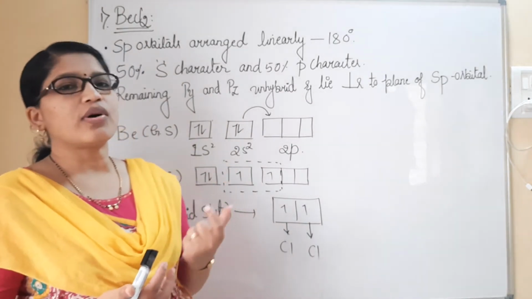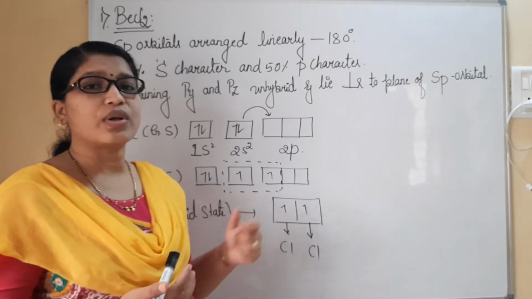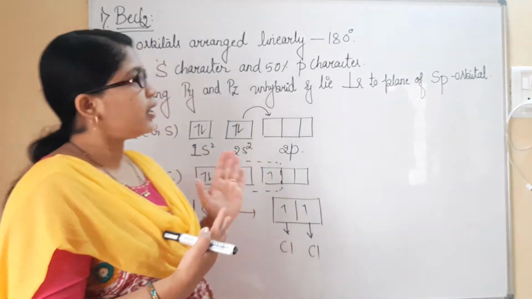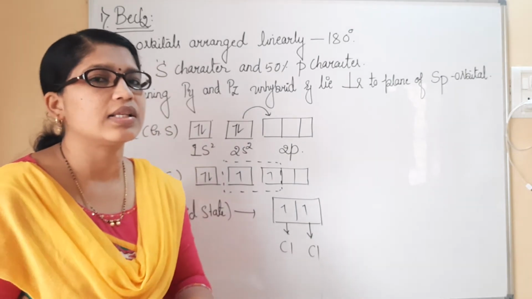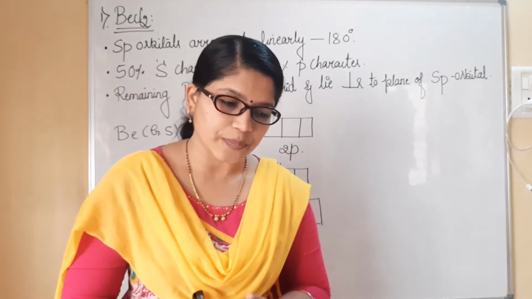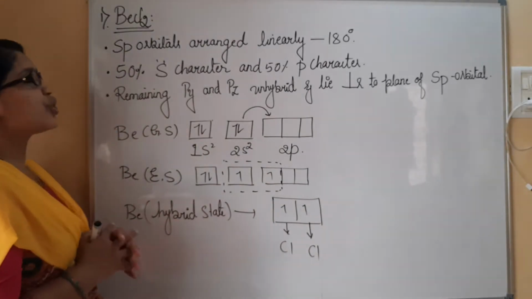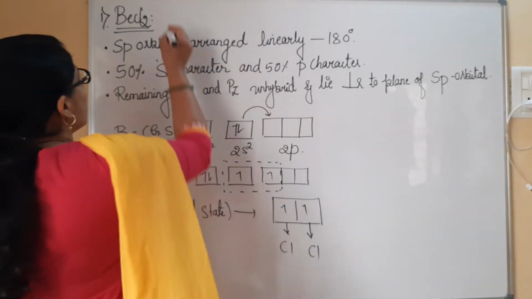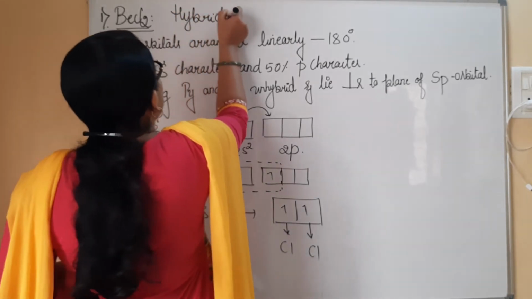Because in this also we will take BeCl2 and we can understand how hybridization takes place. It is a simple molecule. If we understand with the help of this one, the other things will become very easy for us. Let's start by discussing the hybridization in BeCl2.